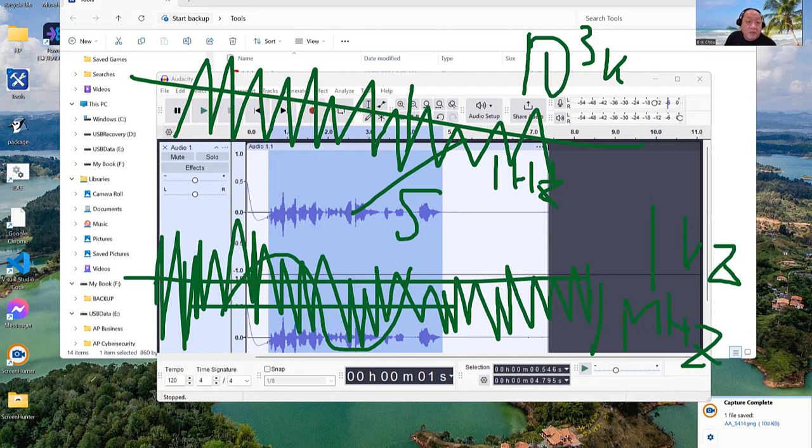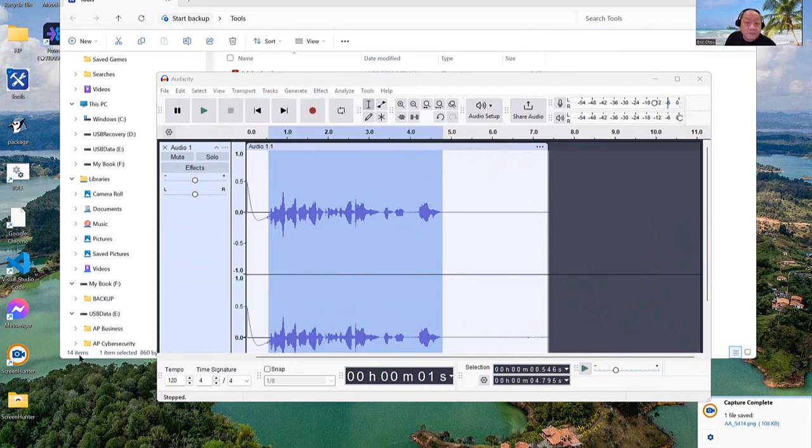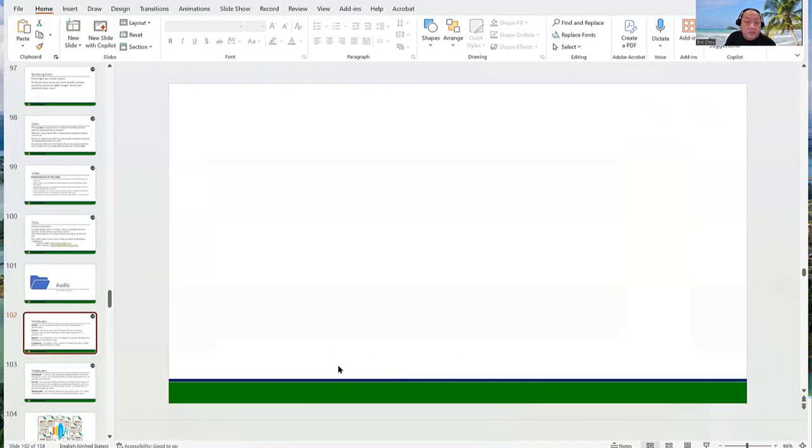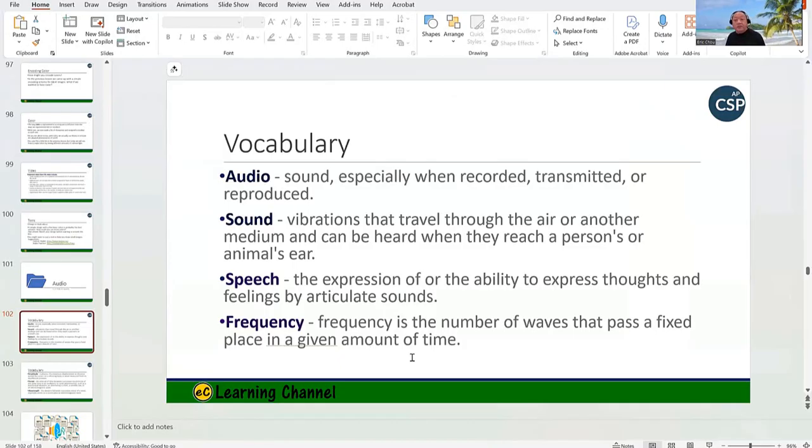Is that okay so far? Yeah. That's what the word hertz means. So hertz is the unit for frequency. So you have low frequency, high frequency.